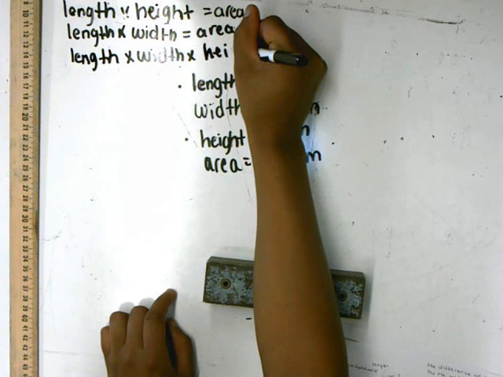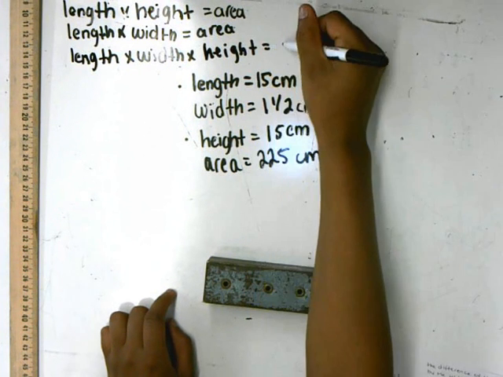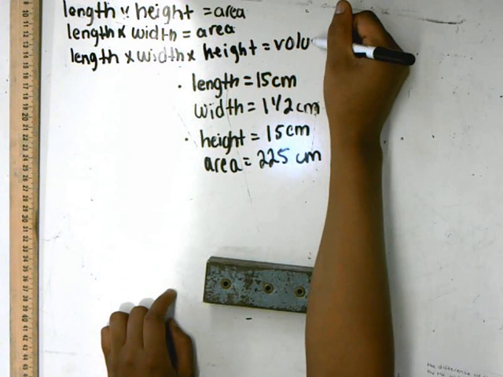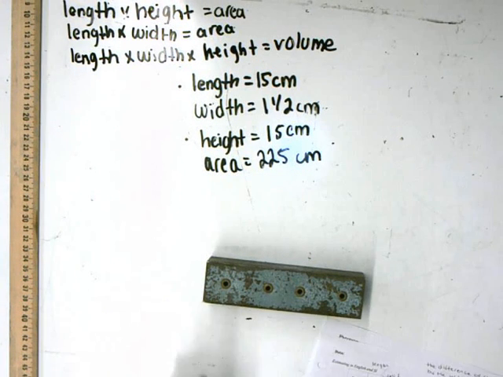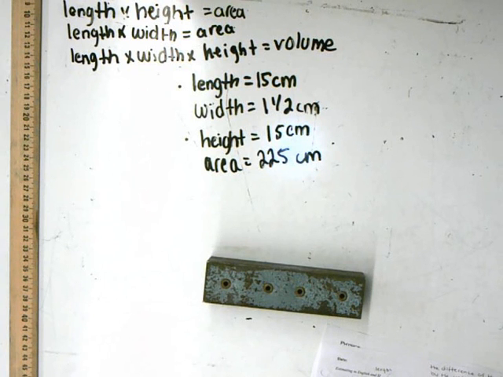So, I'm going to use my calculator, and I'm going to take the length of 15 times the width of 1.5, equaling 22.5.